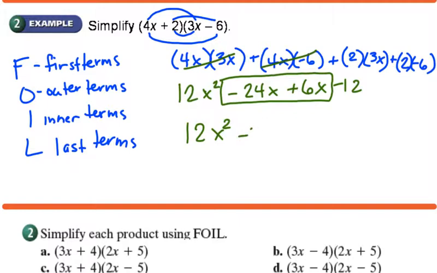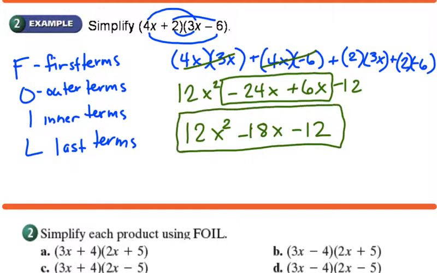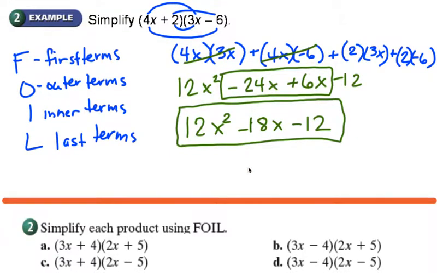Okay. So now we have negative 18x and then minus 12. And this is your answer. You can't do anything else with it, and you should have 3 terms. Most binomials, most foiling ends up in 3. Sometimes they'll have 4. All right, and sometimes they'll have 2. Depends on what it is.